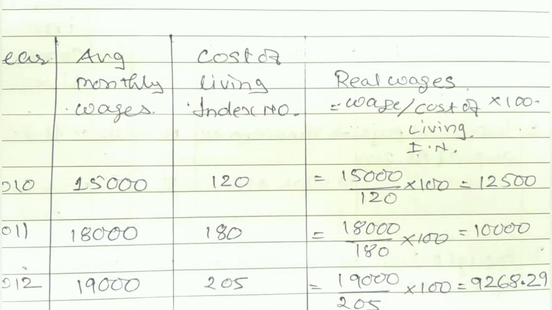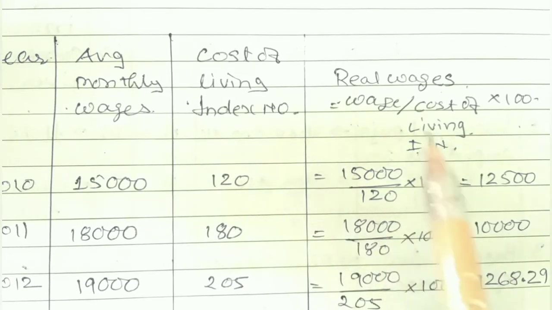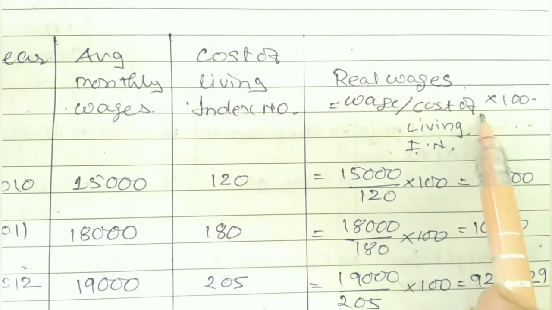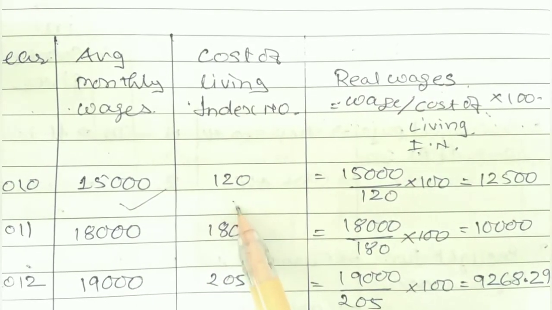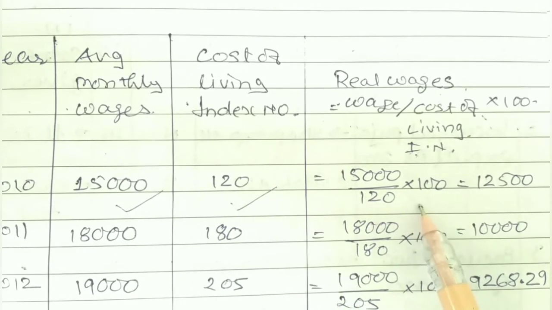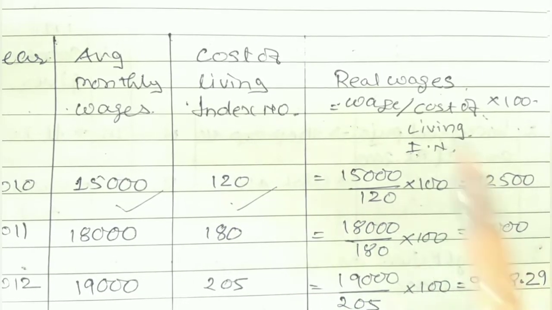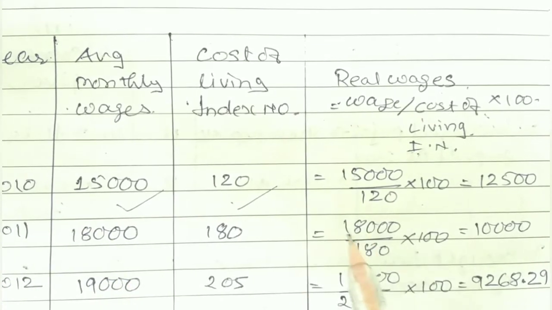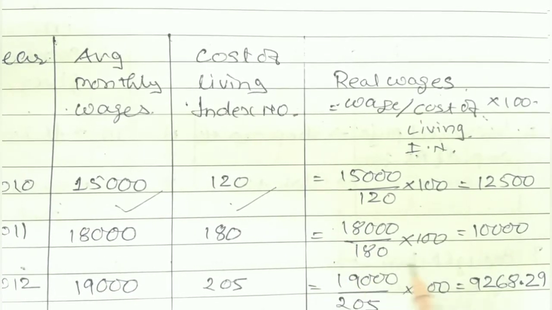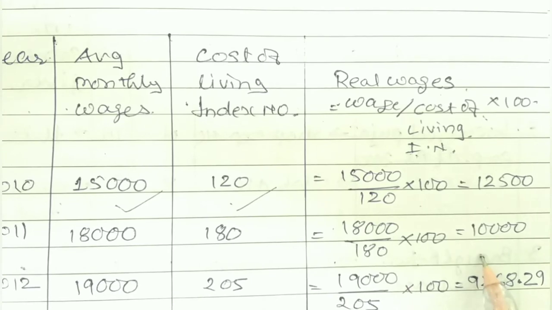The cost of living index numbers given are 120, 180, 205, 220, 235 and 260. How to calculate? The formula is ready. That means wage 15,000 upon cost of living index number 120 into 100. That means 12,500, that would be your real wage for 2010. Same way, 18,000 divided by 180 into 100. The answer would be 10,000.